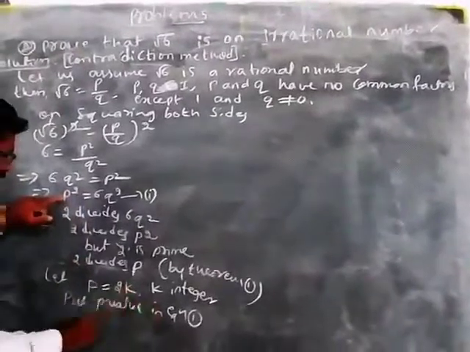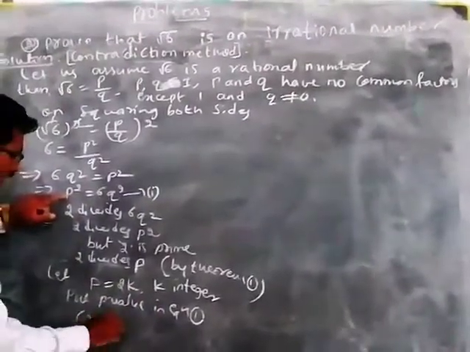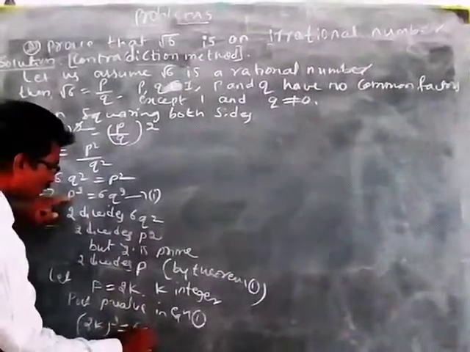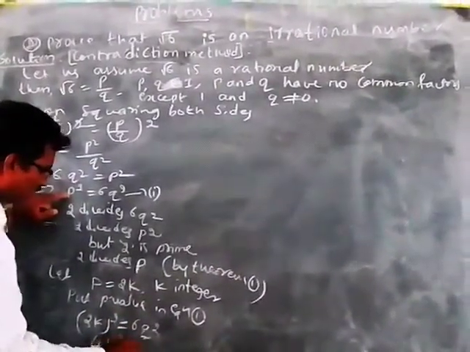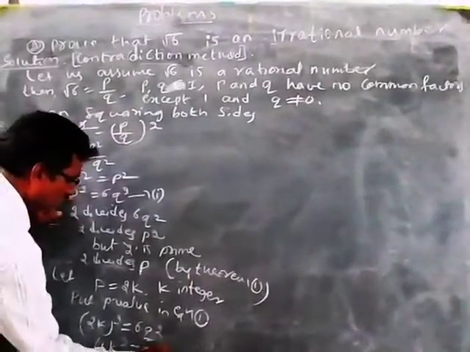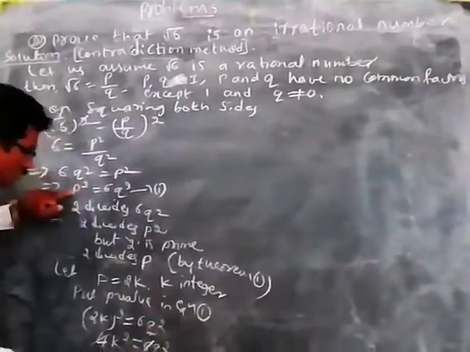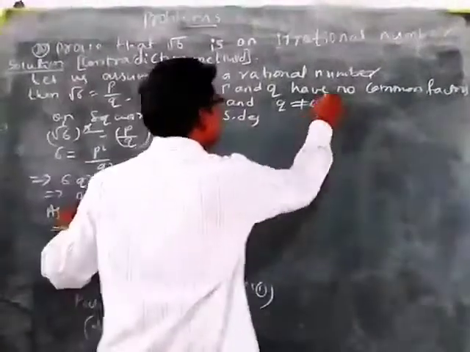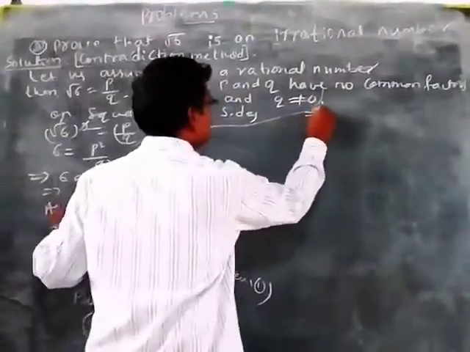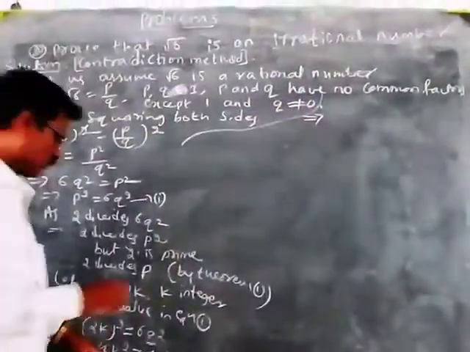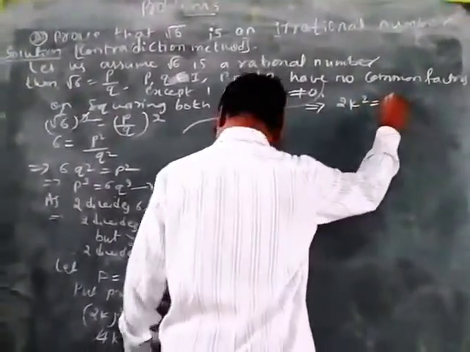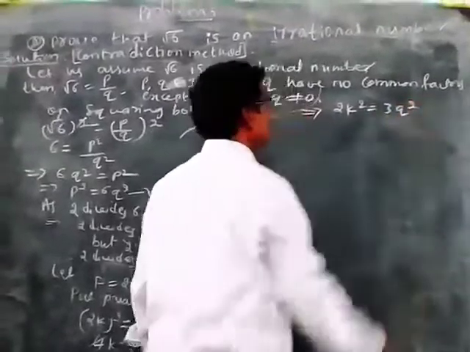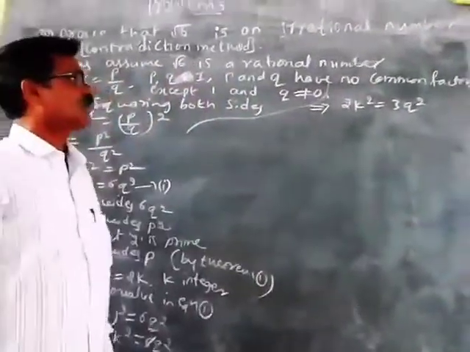That is, P square equals 2k square, which is equal to 6Q square. 2 fours are 4, so 4k square is equal to 6Q square. Dividing by 2, this implies that 2k square is equal to 3Q square.